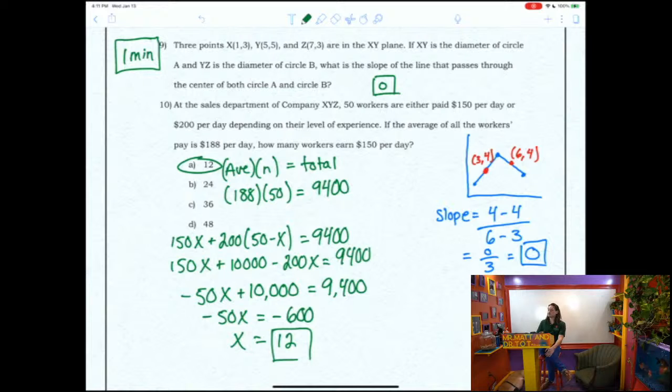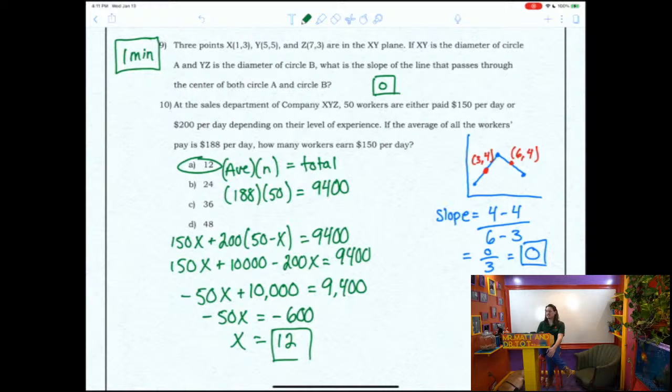For number 10, we're going to use the corollary to the average formula. We know that an average is equal to the sum divided by the number of terms. But we also know that the average times the number of terms will always give you the total, or the sum value, of whatever you're talking about. So here, they tell us that the average pay of all the workers is $188 per day, so the number of workers, 50, times the average pay, 188, is equal to 9,400.